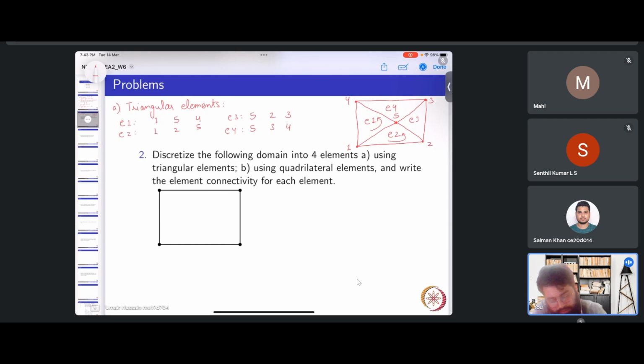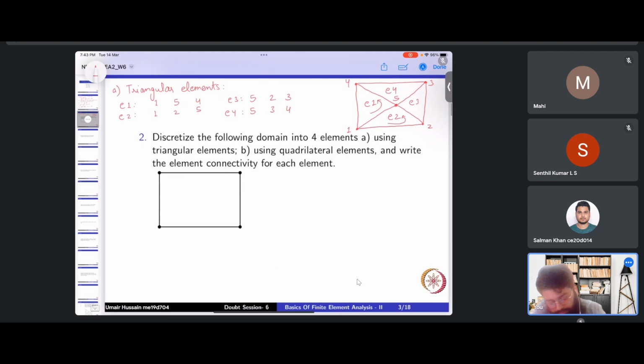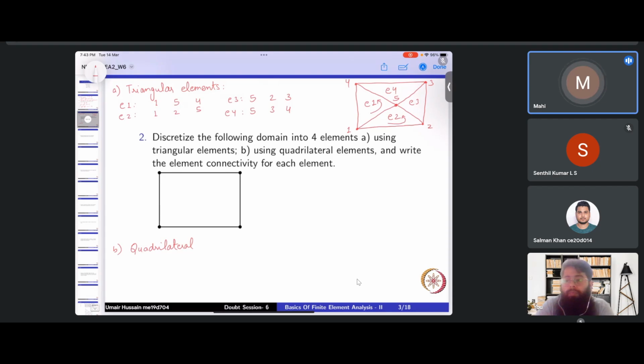Okay, so the next thing is if you want to divide into quadrilateral elements. Sir, if the local node number is given inside the element, we will go along it, na?